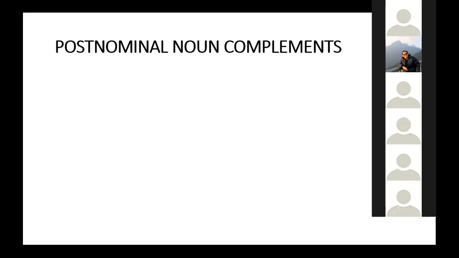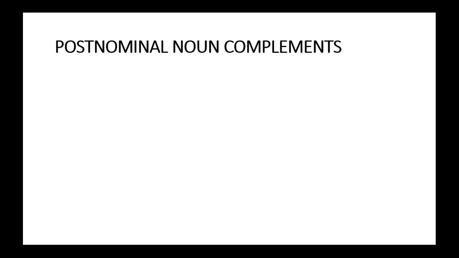So we have only three abstract cases: nominative for subjects, objective for complements of verbs, and oblique for objects of prepositions. Any other questions? No other questions? All right, then we are going to be looking at the real problem now. Okay, so now we're going to look at post-nominal noun complements.